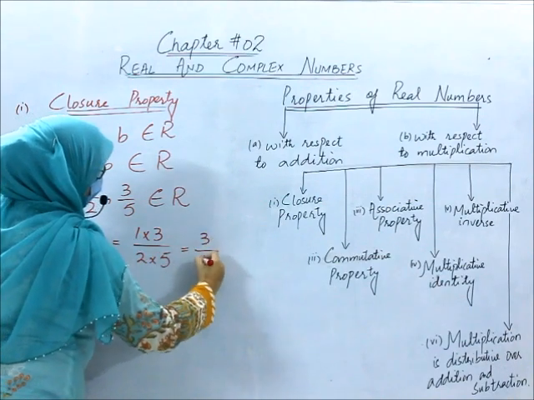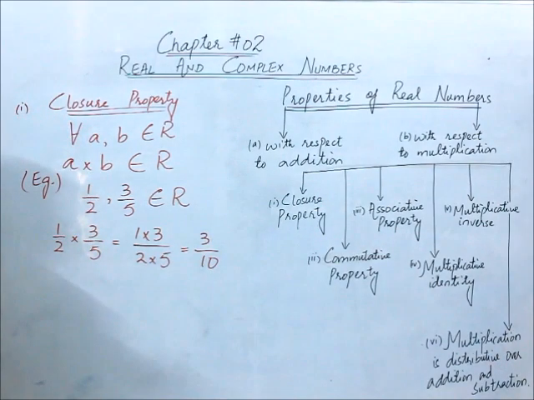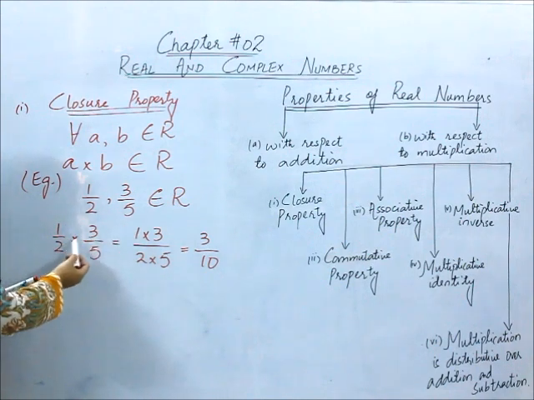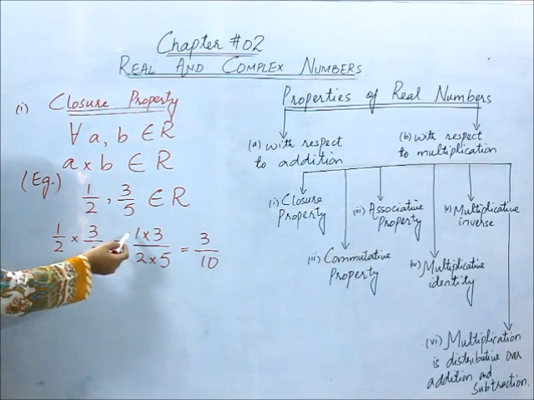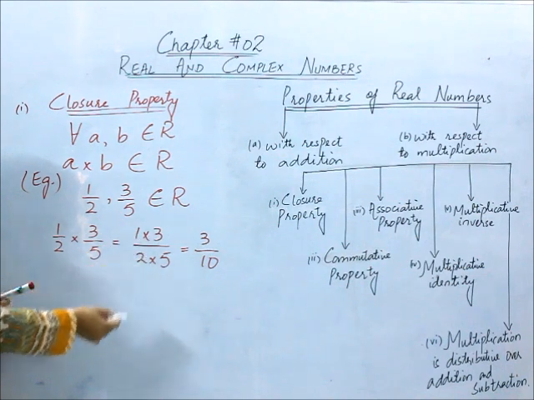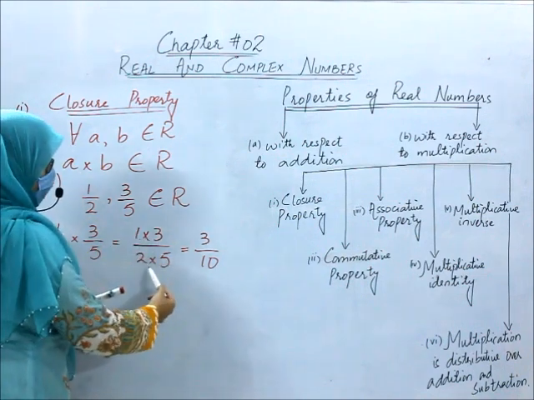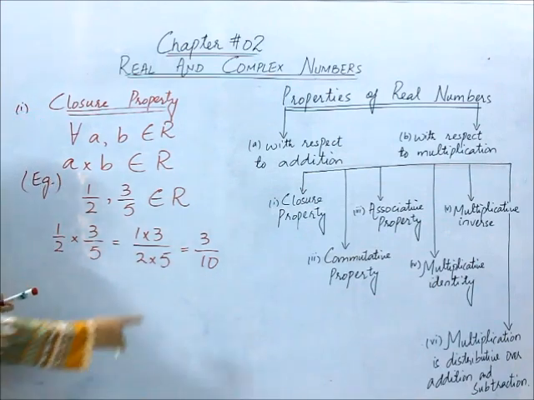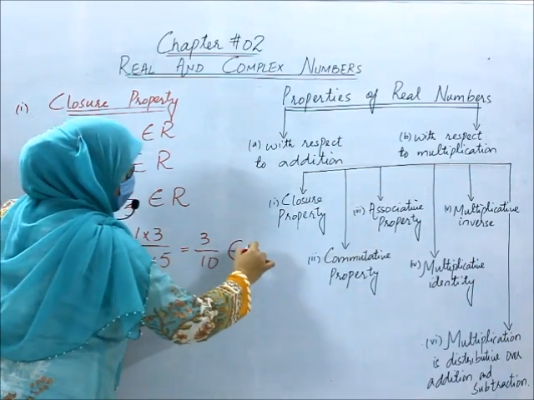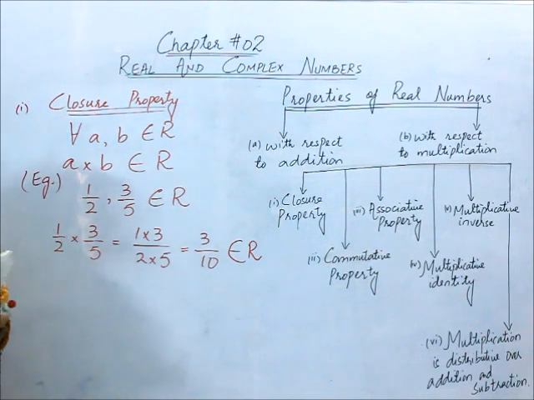So these are two real numbers. When we multiply them, numerator would be multiplied with numerator and denominator with denominator. 3 into 1, 3 and 5 into 2, 10. So 3 over 10 would also belong to what? The set of real numbers. This is the closure property with respect to multiplication. I hope this point is clear to you.